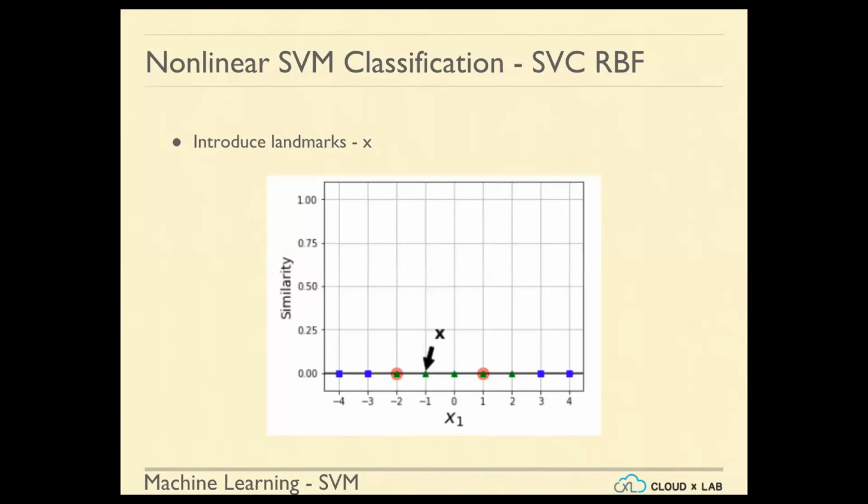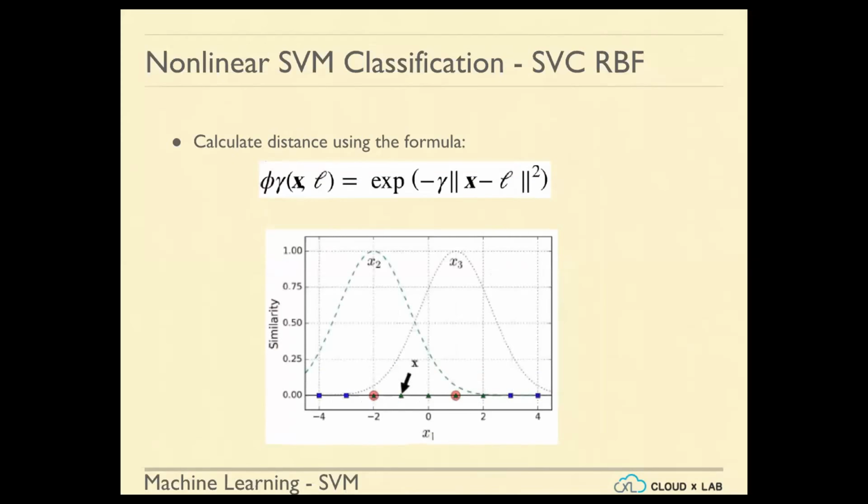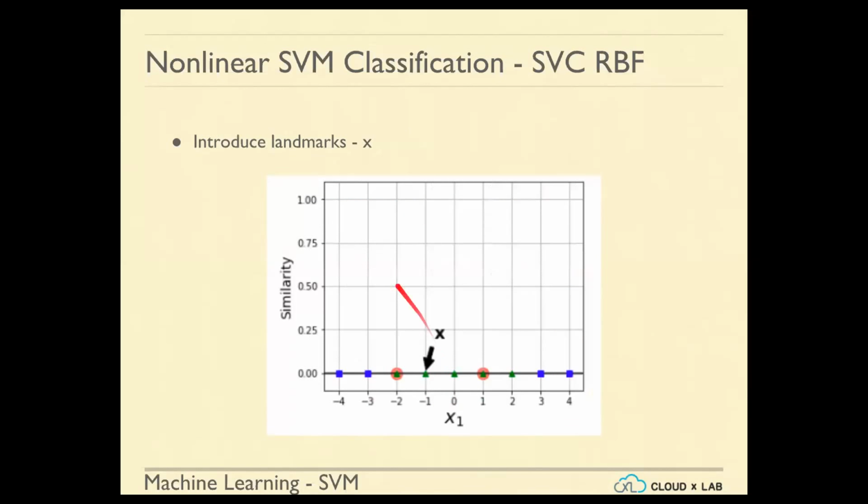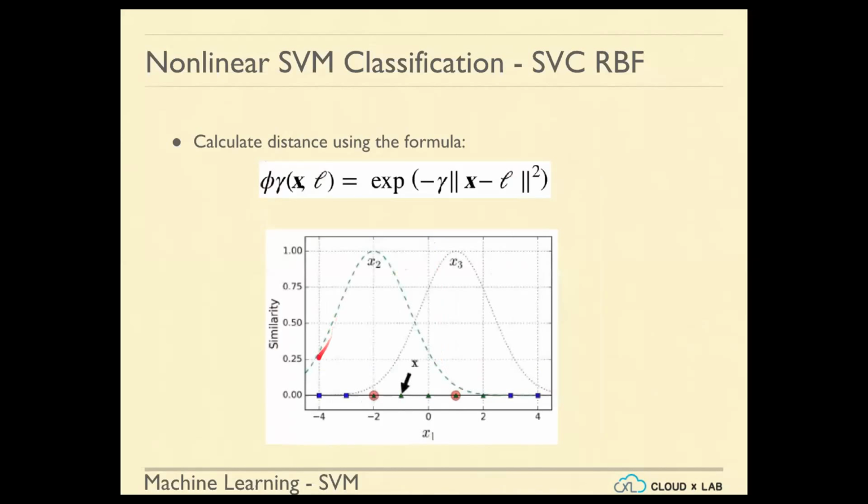So for example, say we have this kind of features which are linearly in the same line. What we do is we create another feature which will have a curve like this or a curve like this. So there will be many features and they'll be easily separable.